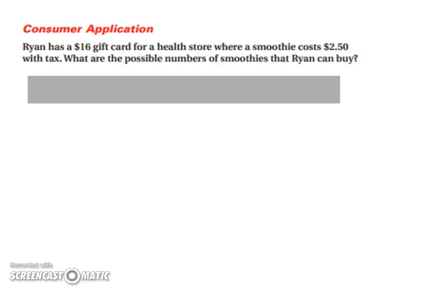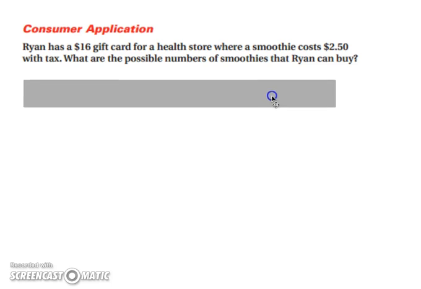Let's look at a consumer application. Ryan has a $16 gift card for a health store where a smoothie costs $2.50 with tax. What are the possible numbers of smoothies that Ryan can buy? Alright, well, let's look at an inequality.